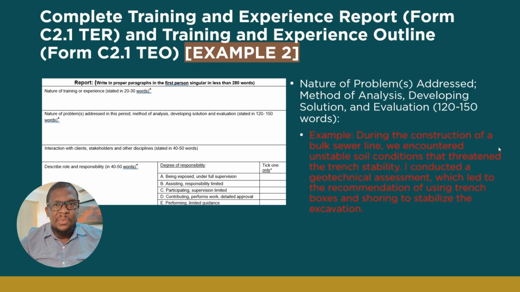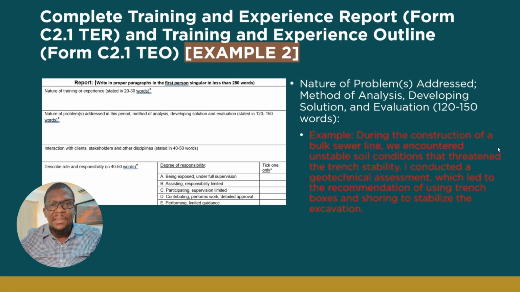And then in terms of the problem that you addressed during this period. For example, during the construction of the bulk sewer line, we encountered an unstable soil condition that threatened the trench stability. I conducted a geotechnical assessment, which led to the recommendation of using trench boxes to ensure stability of the excavation.